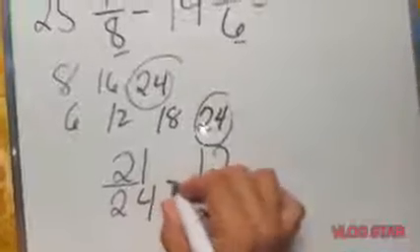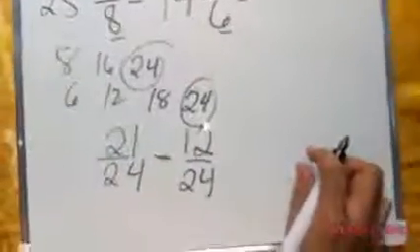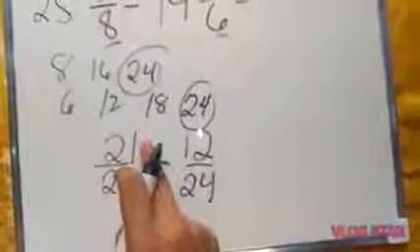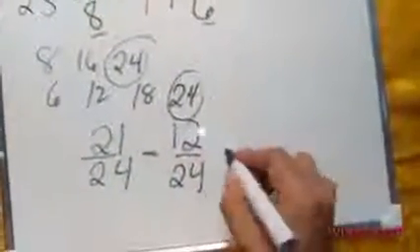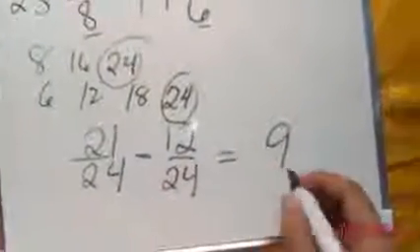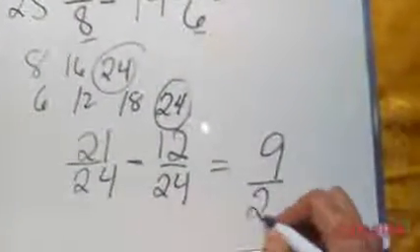This is subtraction. Okay. Now, we will subtract 21 minus 12, the answer is 9. Then copy the common denominator, which is 24.